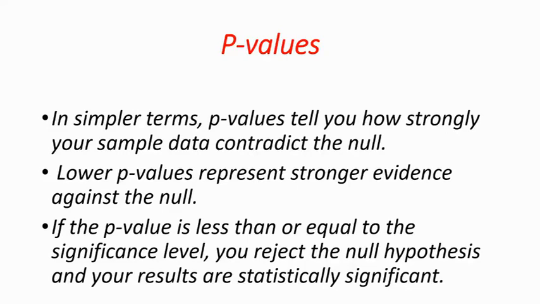That means lower p-values represent stronger evidence against the null, and we reject the null hypothesis when the p-value is less than the prefixed significance level, and we fail to reject the null hypothesis if the p-value is greater than the prefixed significance level. We will also get into more details on p-values in the coming lectures.